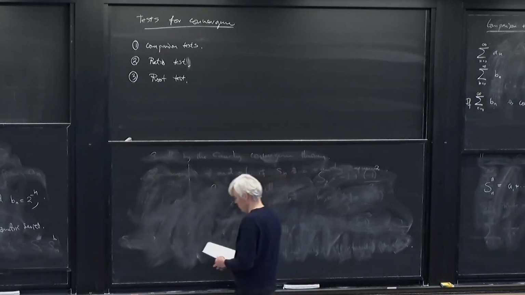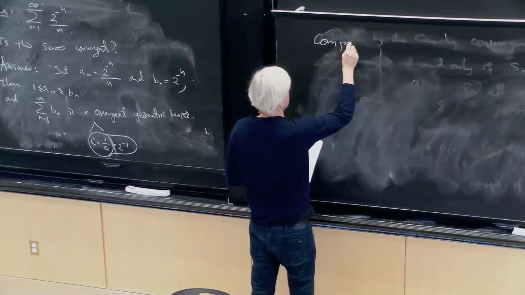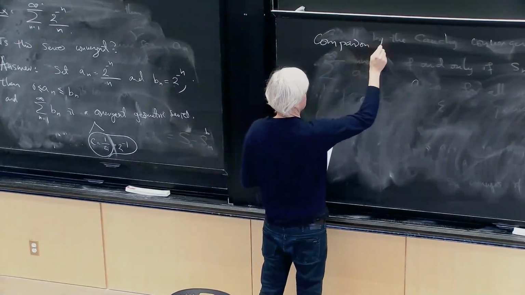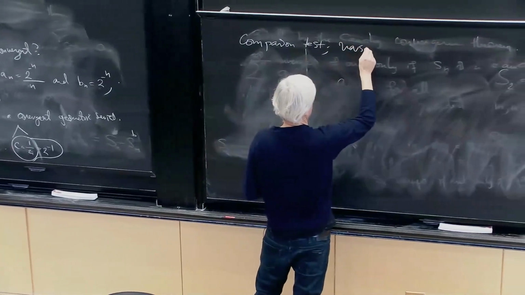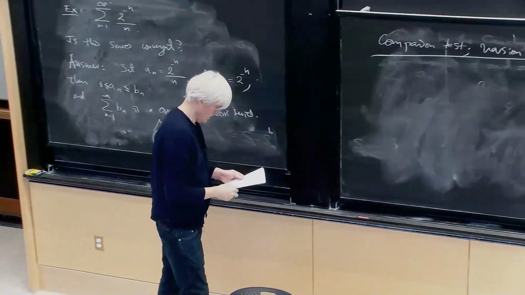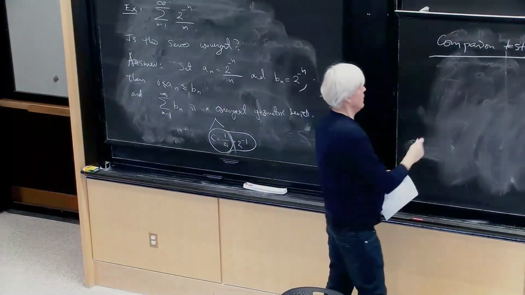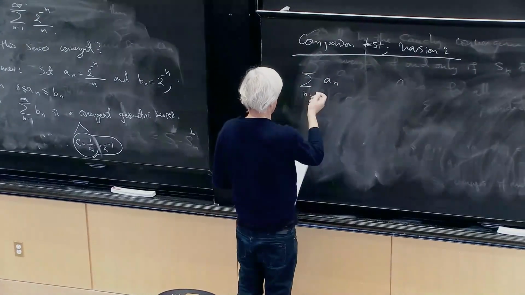So here's comparison version 2. You have again two series, An and Bn.